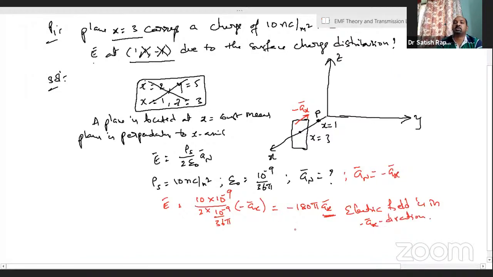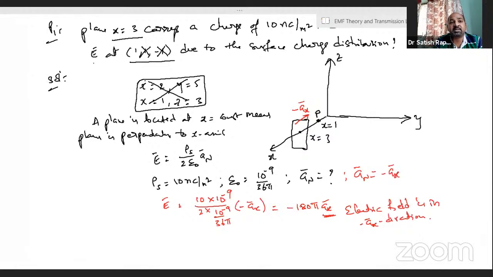Next step. So this is how we can do the problem. Very simple, right? And we will take a few more problems so that you will understand even more clearly about surface charge, right? On the other hand, if the field contains, as we have discussed earlier, one point charge and one line charge, what is the electric field?